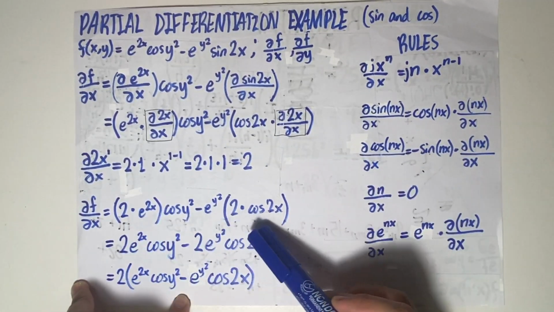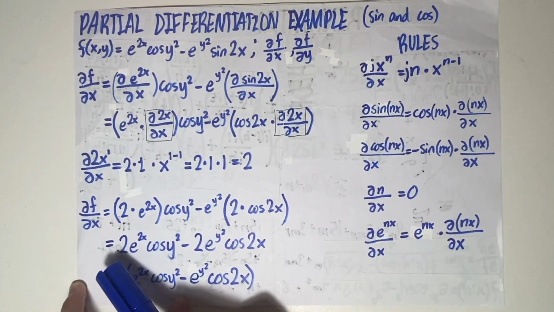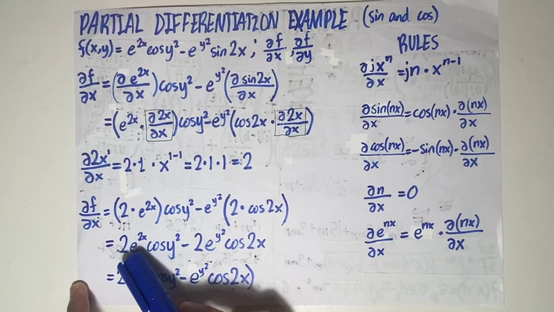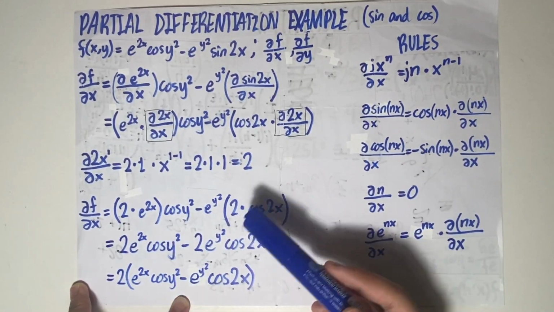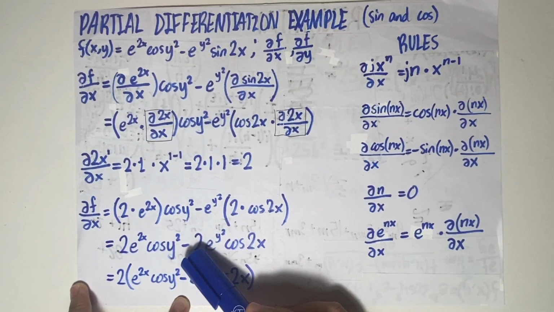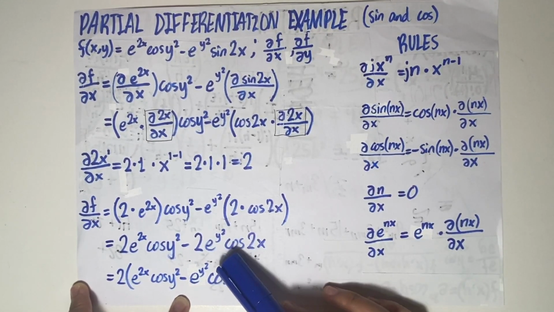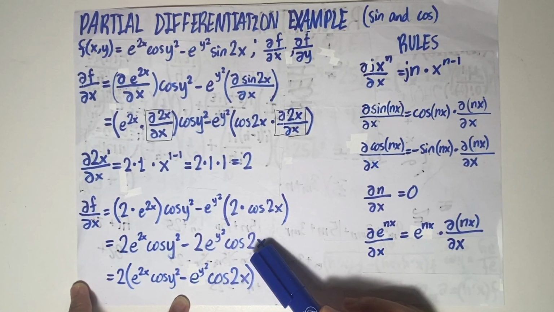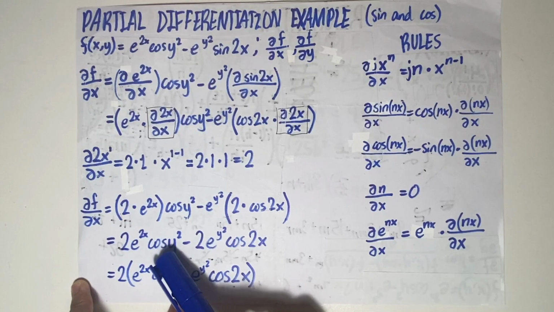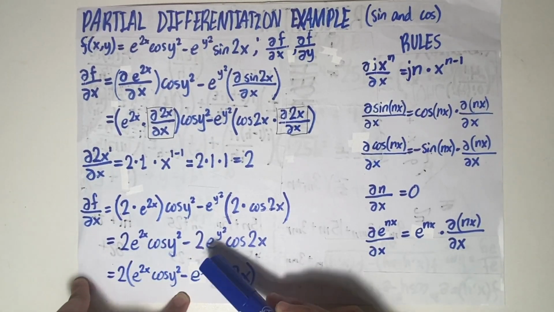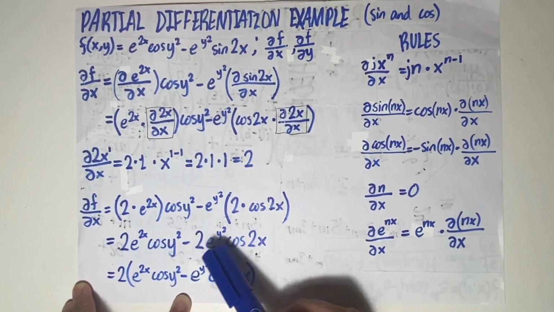We can rearrange this equation so all of the terms are written in the same order: 2 times e to the power of 2x times cosine y squared, minus 2 times e to the power of y to the power of 2 times cosine 2x. See how it goes, integer, e, and then cosine. That just helps with clarity in understanding the variables.